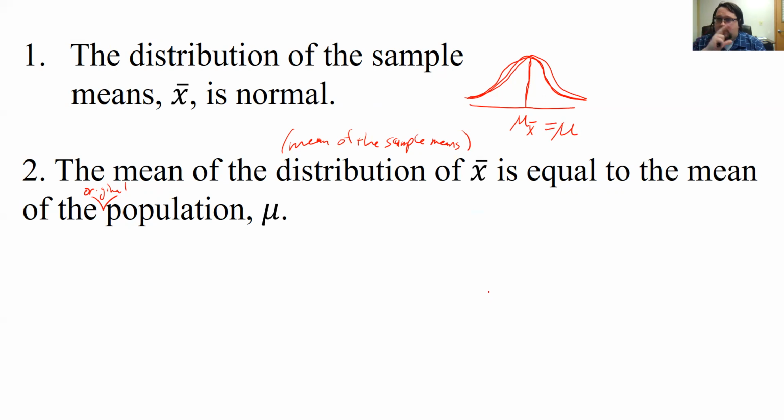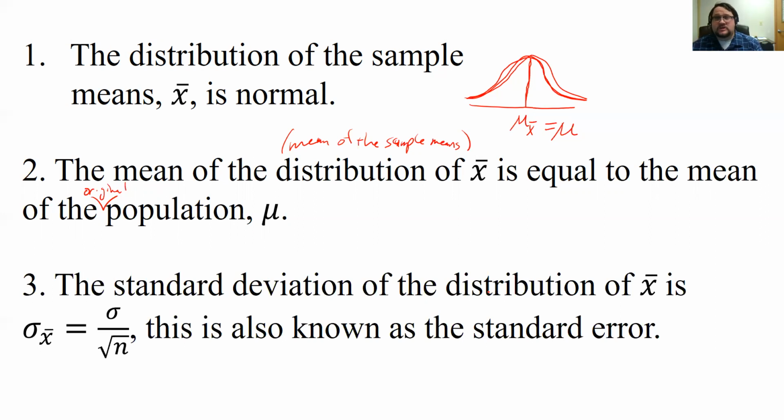So if you look at all the possible sample means you could get, and you were to plot those, you would get a normal distribution, and where that's centered is exactly where the population center is. But you can already start making connections here, that if I could get enough samples, I could get an idea what the real population mean is from that. You can see where the gears are starting to turn there.